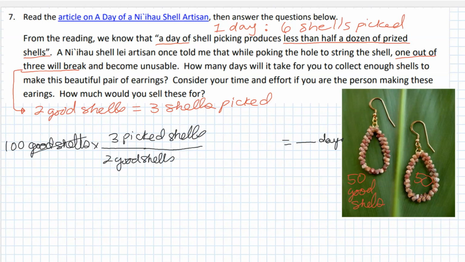So then good cancels with good, and then 6 shells picked in 1 day. So then picked shells cancel, and then we end up with days.